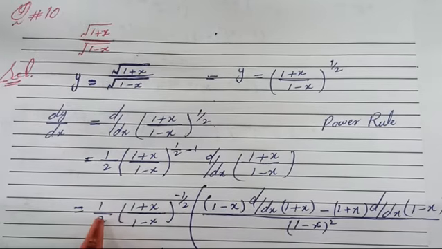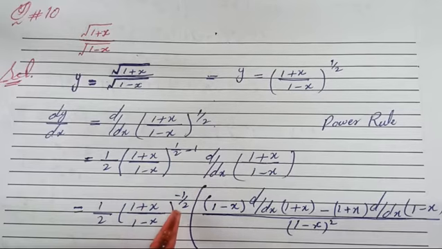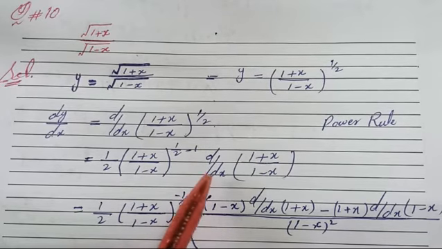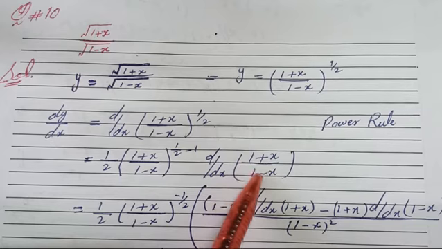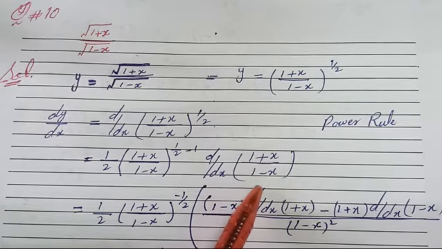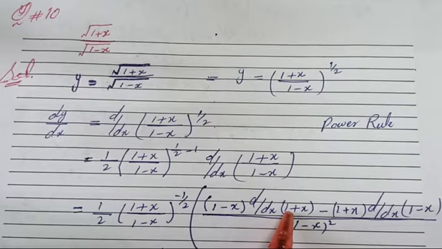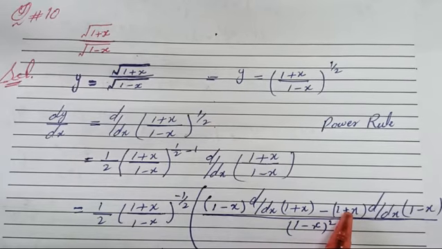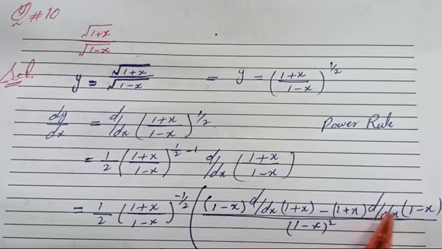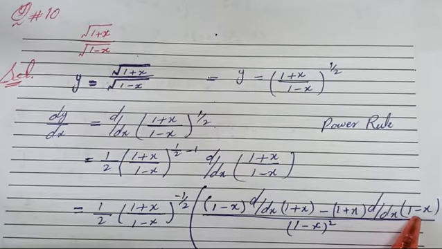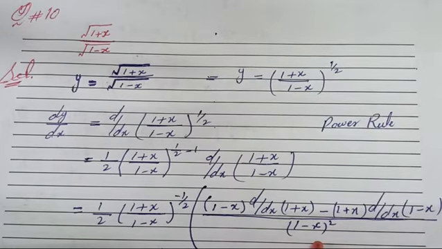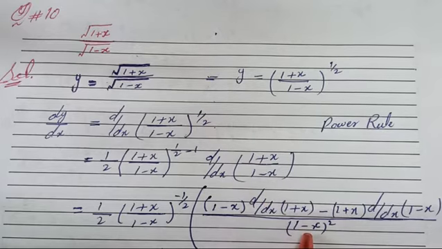In the next step, 1 by 2 as it is, (1 plus x over 1 minus x) to the power 1 by 2 minus 1, and the derivative of this term we can take by using the quotient rule. In the quotient rule, in the start write the denominator term, then the derivative of the numerator term, minus the numerator term and the derivative of the denominator term, and this whole statement is divided by the square of the denominator term.